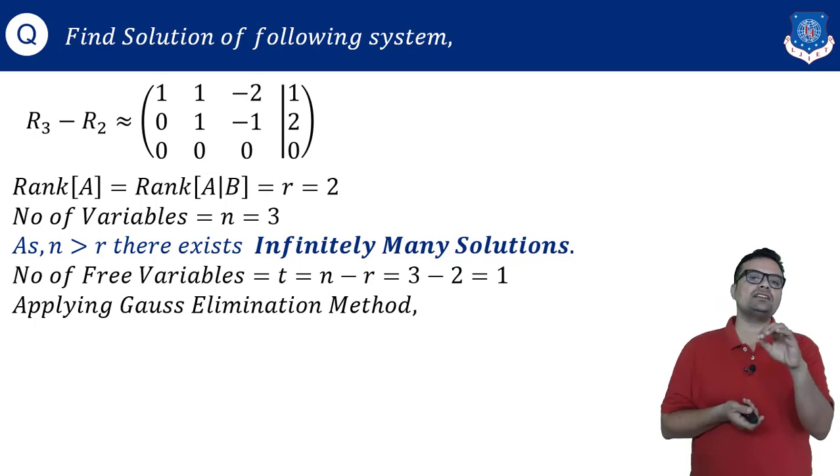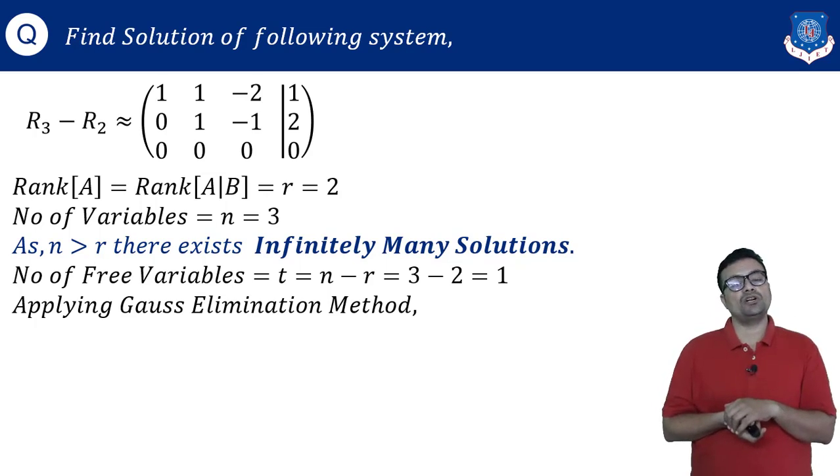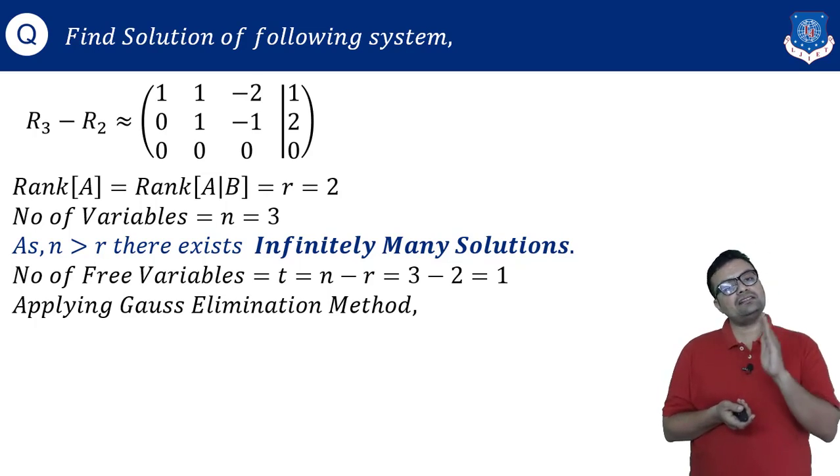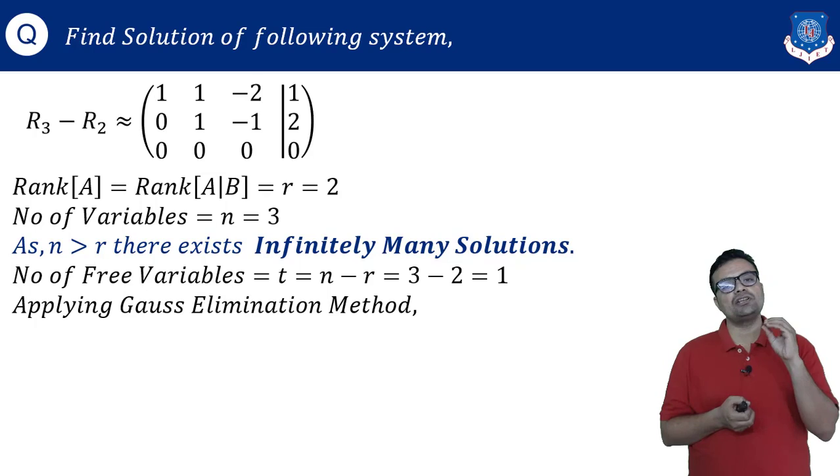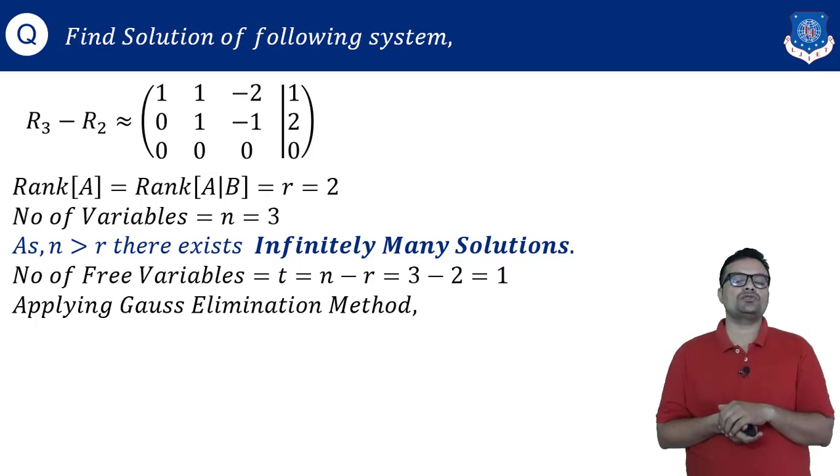So value of R is 2, but number of unknowns, which is n, is equal to 3. So n greater than R means system is with infinitely many solutions. As I told you, whenever you have value of n which is bigger than R, it will give you infinitely many solutions.